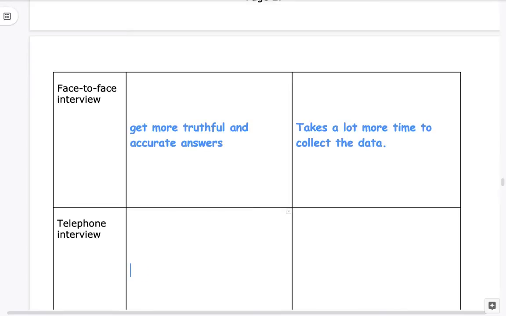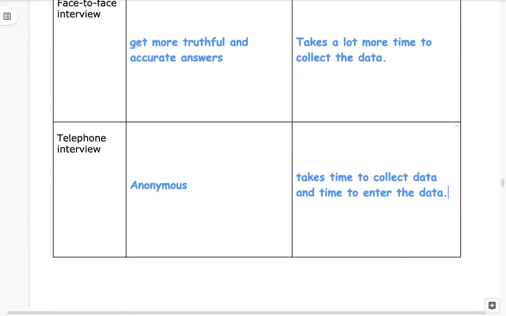Advantages is it's more anonymous. Okay. I can spell anonymous. Disadvantage is that it takes time to collect the data and time to enter the data. Okay, so there are some ideas for us.